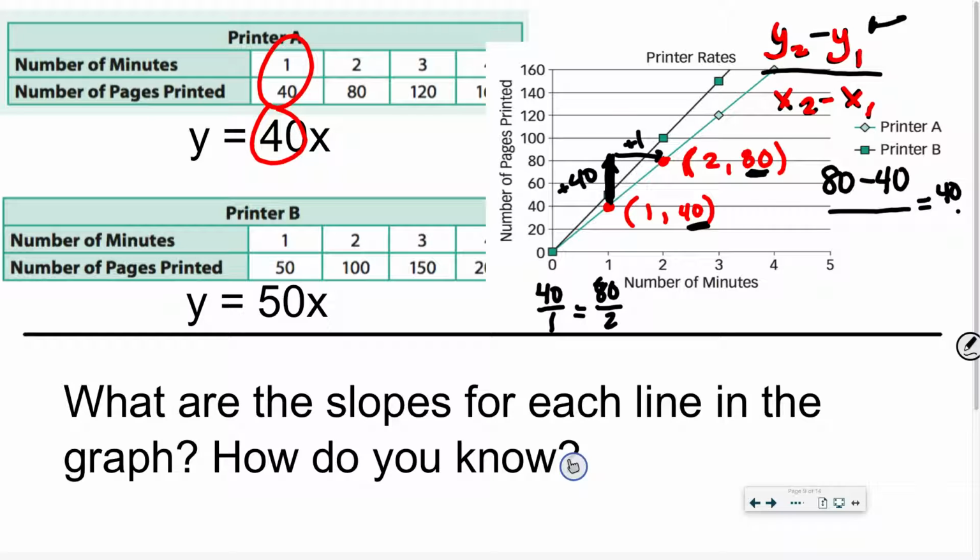And then the run would be the second x value of 2 minus the first x value. We're looking at the difference between where we went and where we came from, which would be 2 minus 1, or 1. So this represents the rise, and this represents what we refer to as the run.